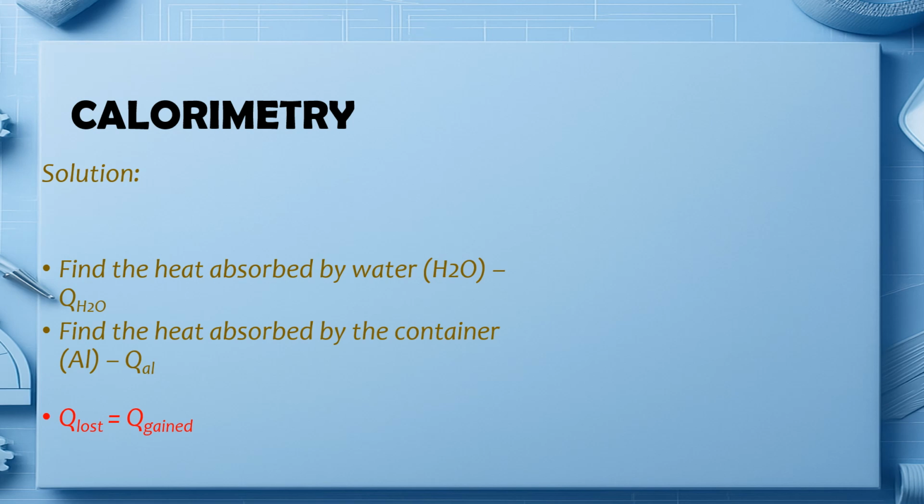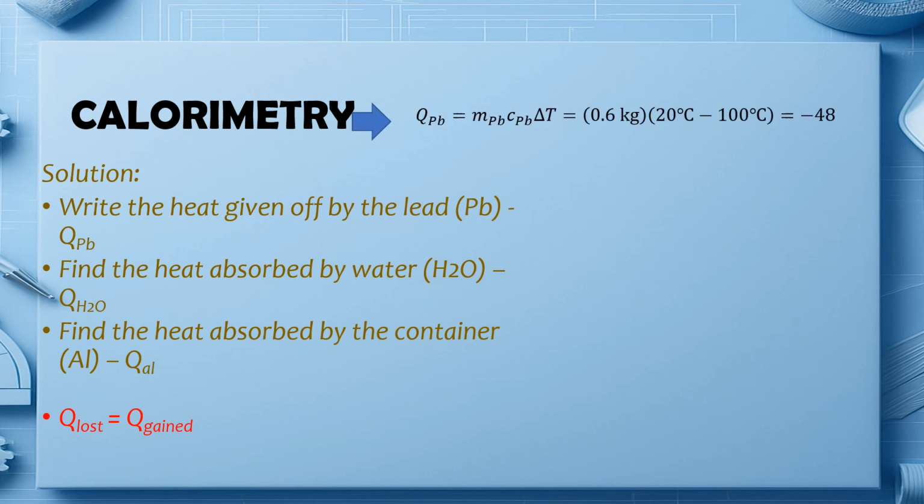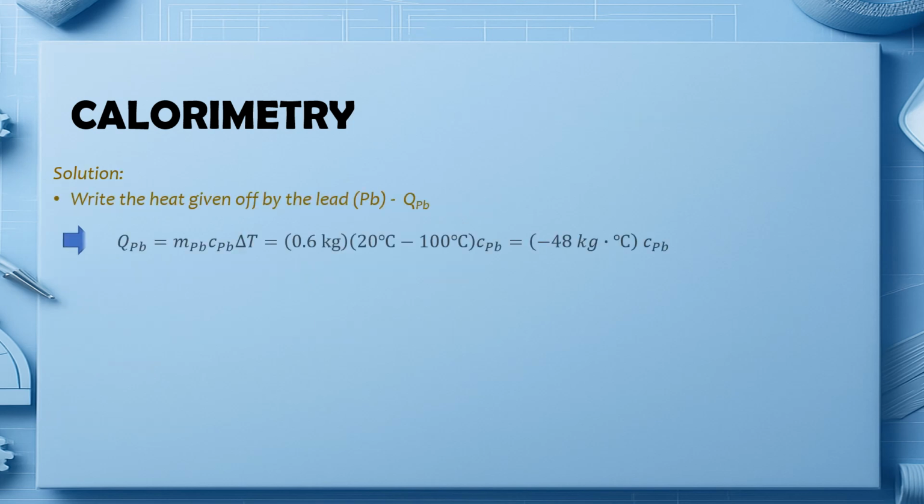Let's find the heat absorbed by the water and then the heat absorbed by the container. The heat given off by the lead is negative 48 c kilogram degrees Celsius.